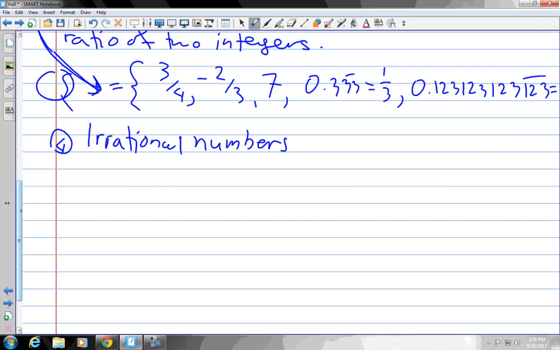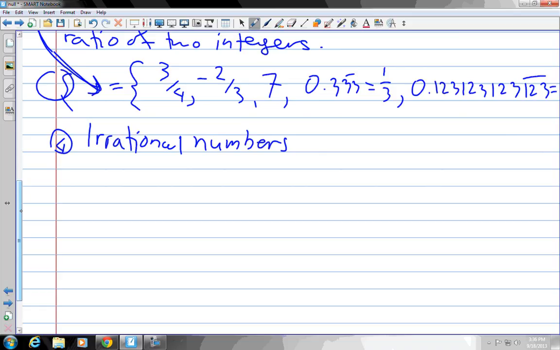That means when you look at it, the decimal goes on forever and ever, never stops, and doesn't have any patterns. There's no repetition in it. Pi would be one of those. Pi is a number that we cannot write as a ratio of two integers. Square root of 2, right?